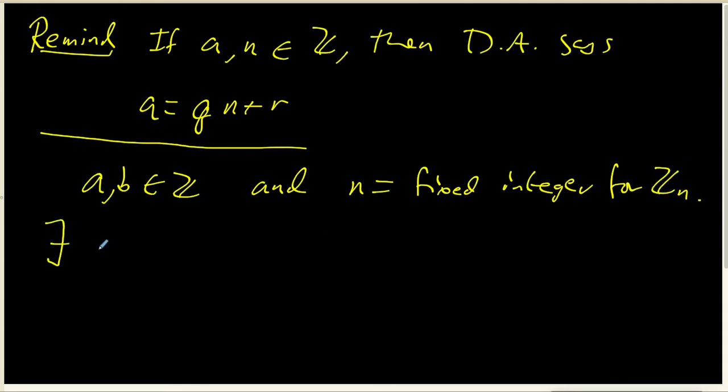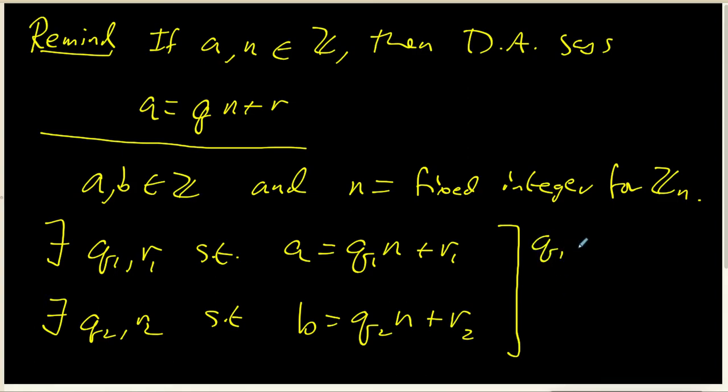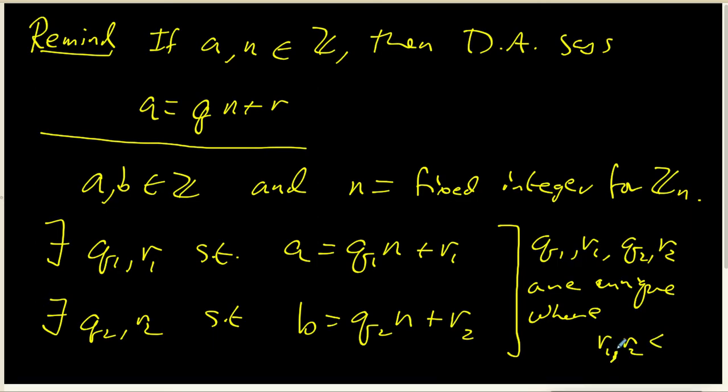So I know that there do exist q1 and r1 such that a is equal to q1 times n plus r1, and there also exist q2 and r2 such that b is equal to q2 times n plus r2, and the q1, the r1, the q2, the r2 are unique when we insist that the r1 and the r2 both satisfy being strictly less than n and bigger than or equal to 0, that they are legitimate remainders.